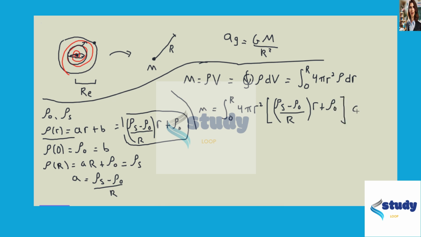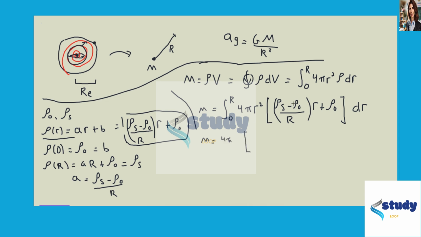And we integrate this whole thing with respect to r. So we can pull out the 4 pi from this, and we can see it looks like we'd have an r squared times an r for an r cubed. So M equals 4 pi.